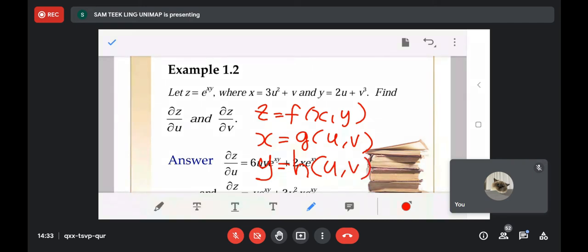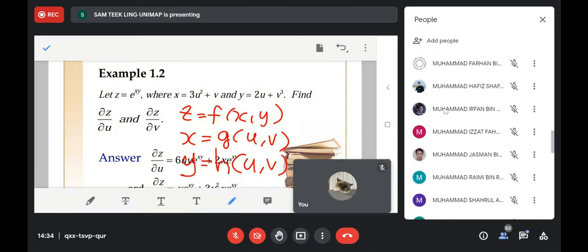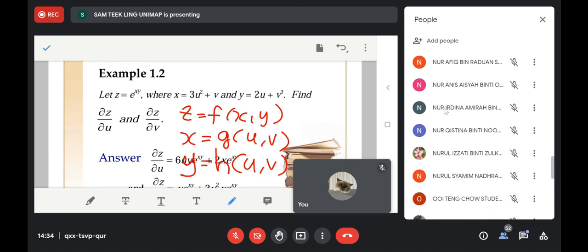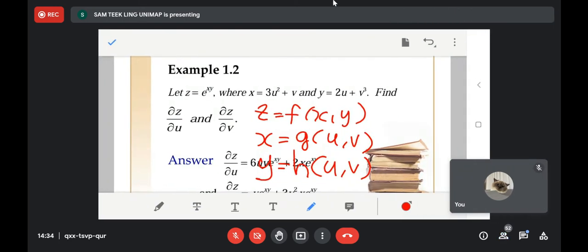So z is a function of x, y, then your x, y are functions of variables u, v. So the first function is in x, y, then x, y are functions of the variables u, v.